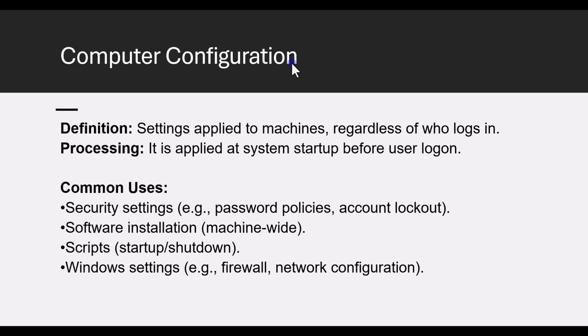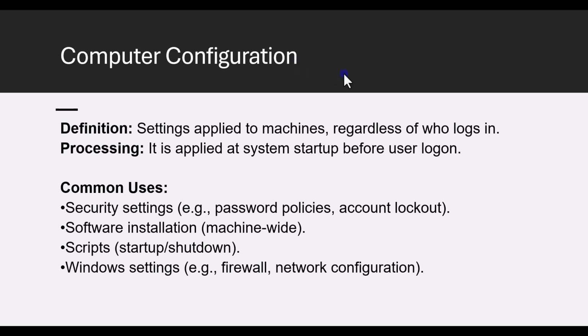Common settings that we apply using computer configurations are security settings like password policies and account lockout, software installation, shutdown and startup scripts, and Windows settings like firewall and network configurations. So that is the meaning of computer configurations. They affect the physical computers in your domain environment.